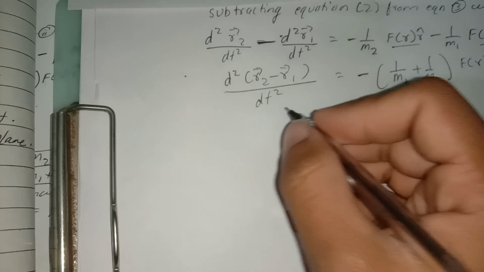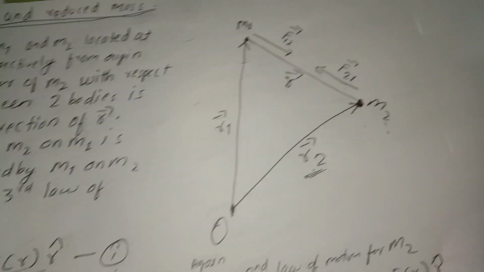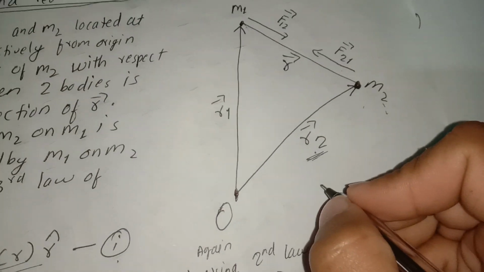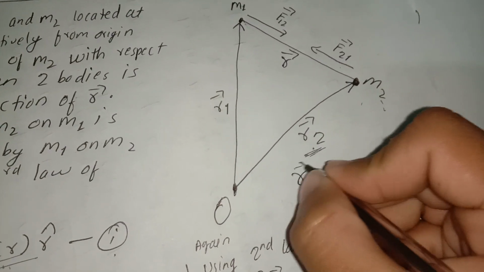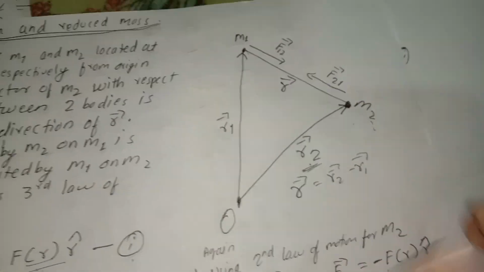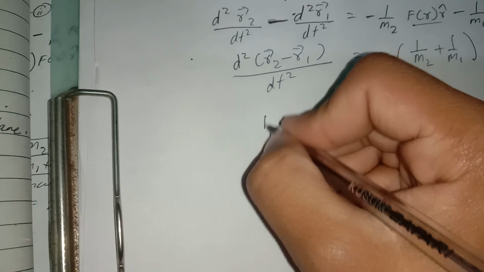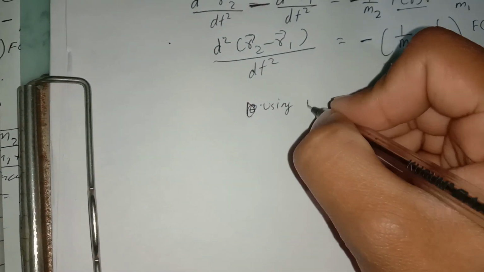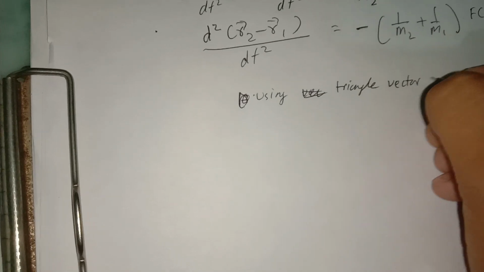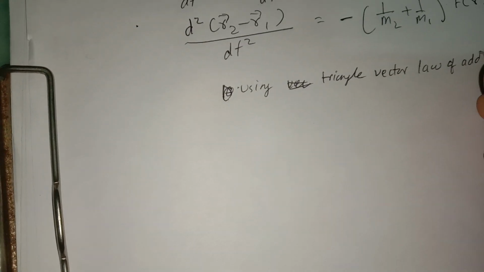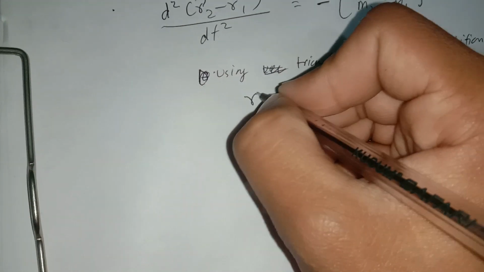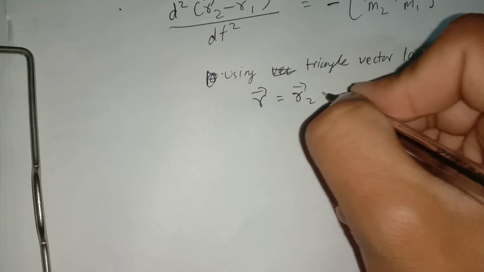Now before that, we know the vector law. What the triangle vector law says is that the r vector is equal to r2 minus r1. Using the triangle vector law of addition, we get the r vector is equal to r2 minus r1.